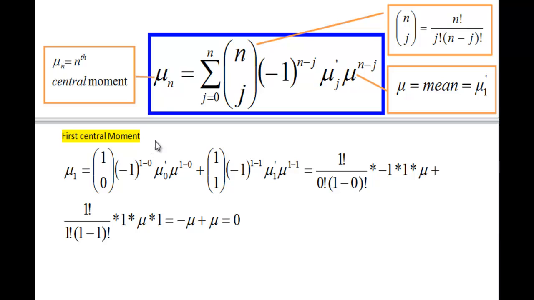Okay, how about the first central moment? When we are trying to express the central moment in terms of raw moments, we know that n equals 1, and we know that j will be either 0 or 1.